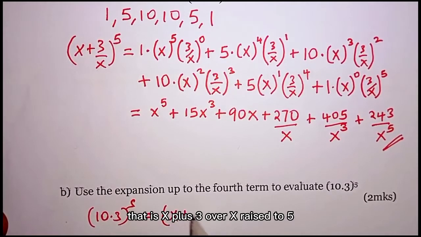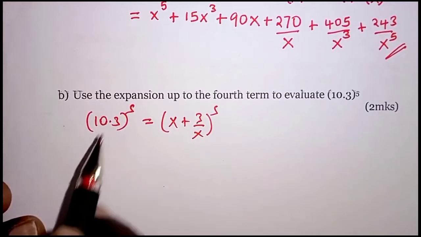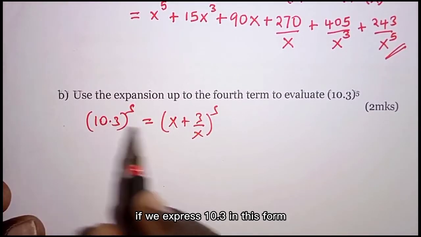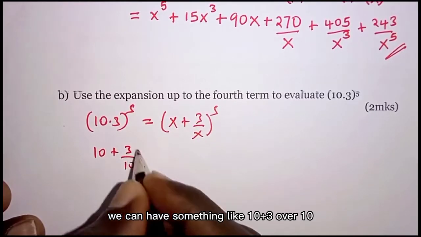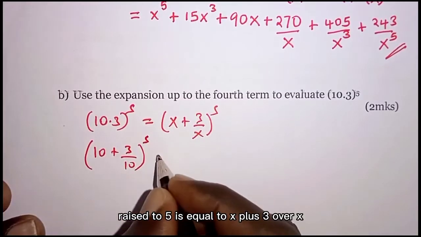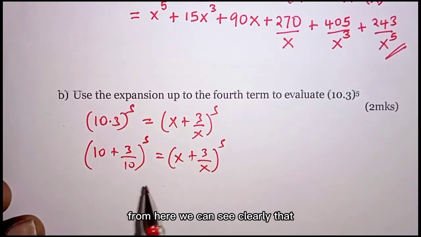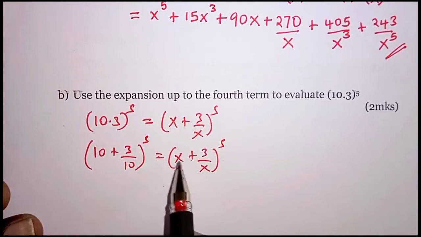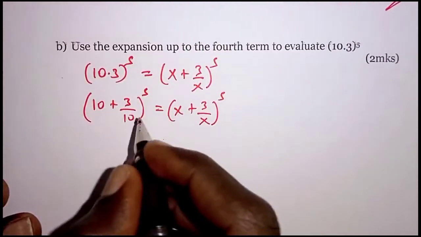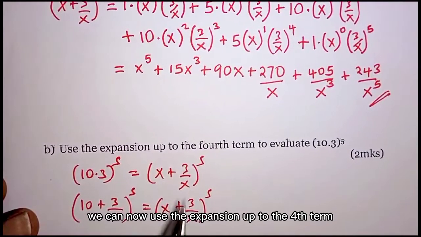So if we express 10.3 in this form, we can have something like (10 + 3/10)^5, which is equal to (x + 3/x)^5. From here we can see clearly that x is 10. So having concluded that x is equal to 10, we can now use the expansion up to the fourth term.